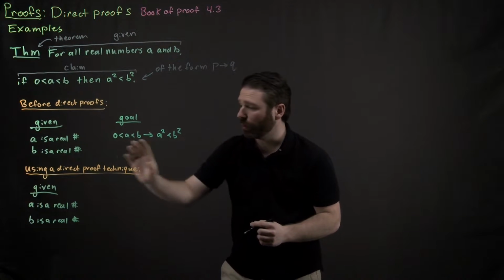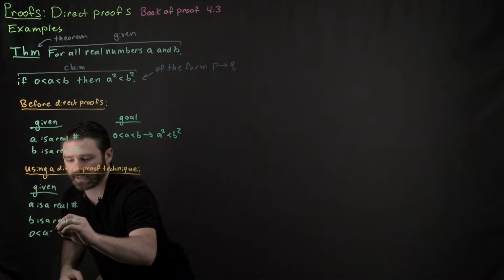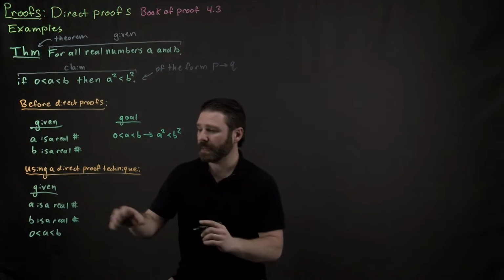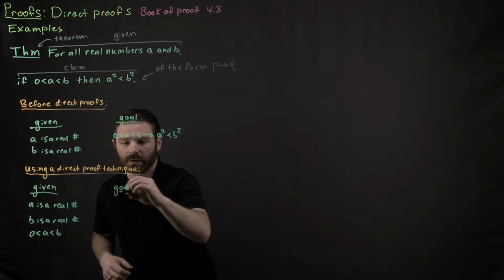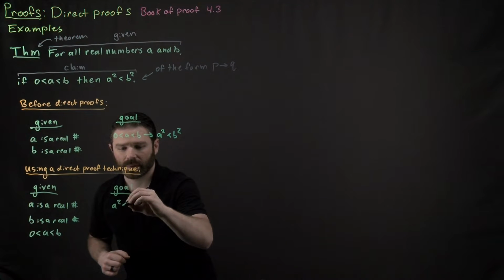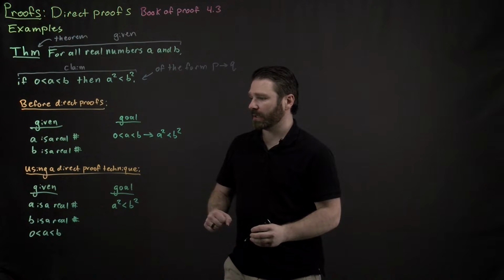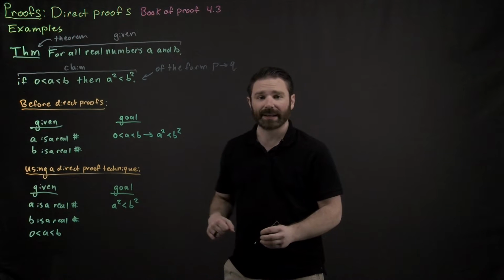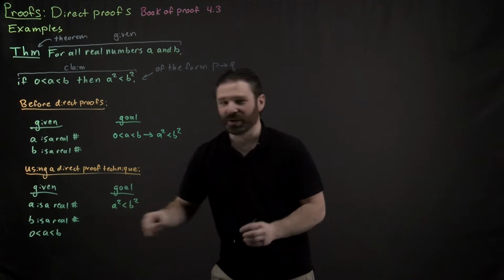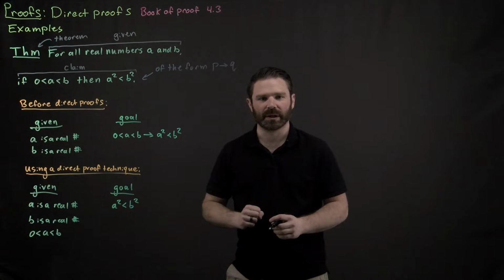So we are assuming that 0 is less than a is less than b. And that's going to simplify things a whole lot, because then our goal simply becomes to show that a squared is less than b squared. So this shows you the power of a direct proof technique, because it's given us one more inequality to use to then try to show one simple inequality right here.